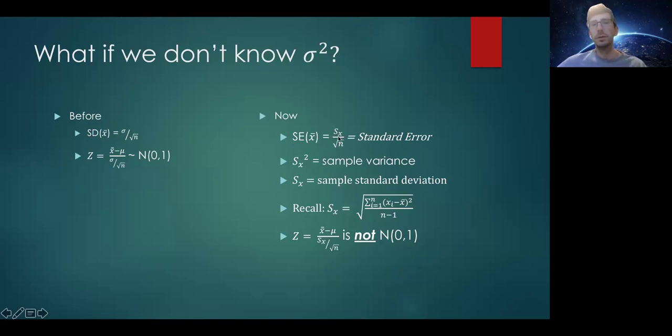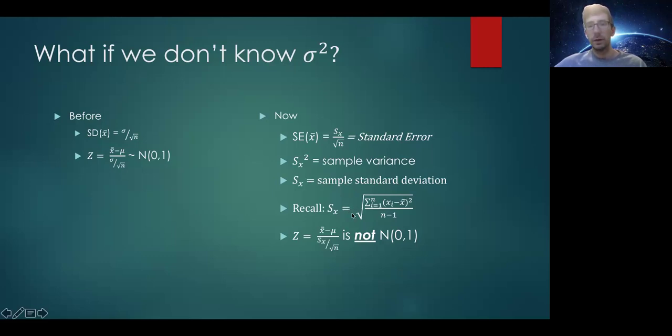So we're just going to use our sample standard deviation of x over the square root of the sample size. So s of x squared is the sample variance. What we'll see mostly is s of x not squared, which is the sample standard deviation.